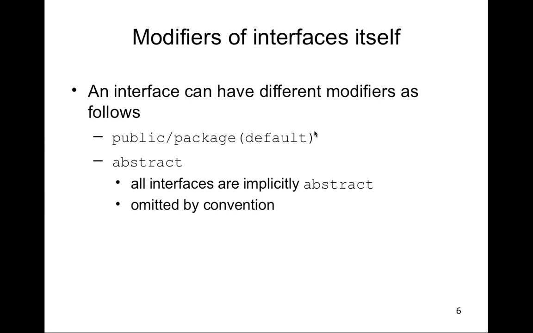All interfaces are implicitly abstract, because you're creating an abstract interface: you have methods in there that are just templates, with no bodies. So by convention, you omit the word abstract, so you don't have to put that in there either.